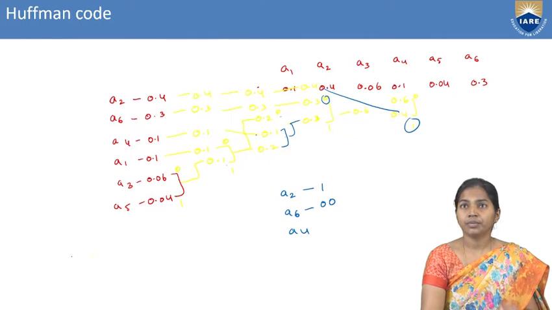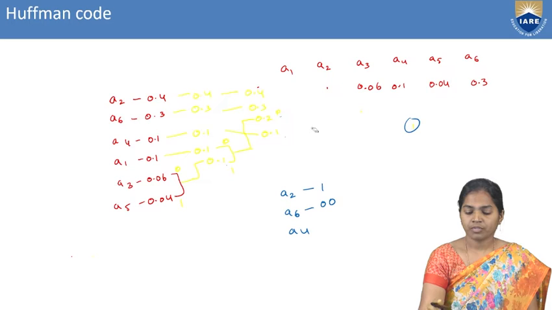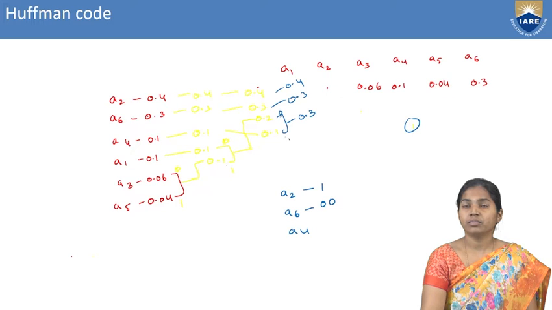In this step 0.4 is as it is, 0.3 is as it is, and here 0.2 we are placing, and 0.1 is here. Next, here it is 0.3 and 0.3, 0.4. Here it is 0, 1. Add these two. Then the final step is 0.6. This one is here 0.4, 0, 1, 0, 1, 0, 1.